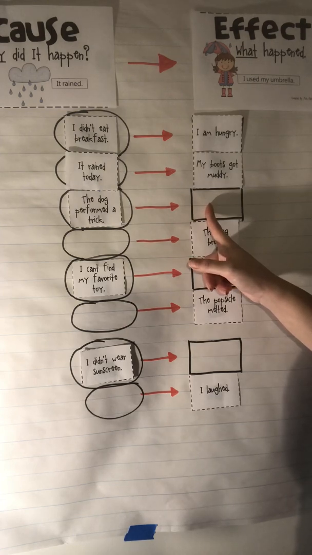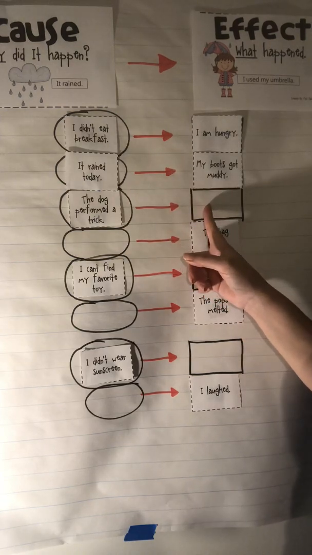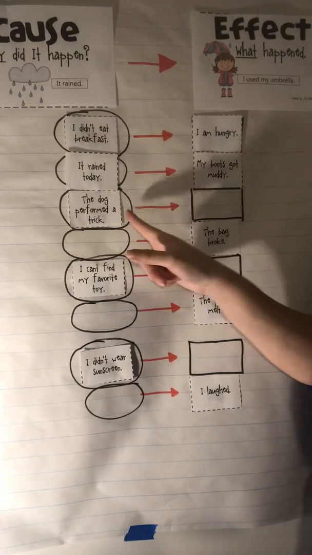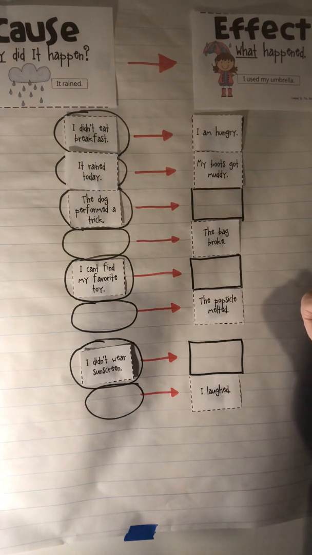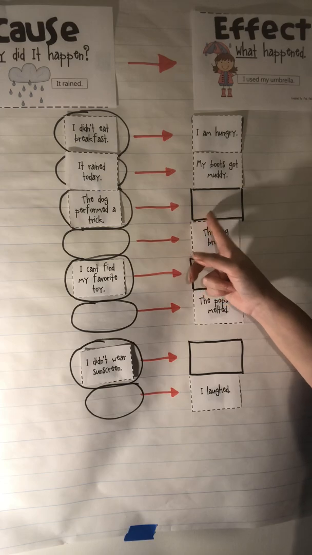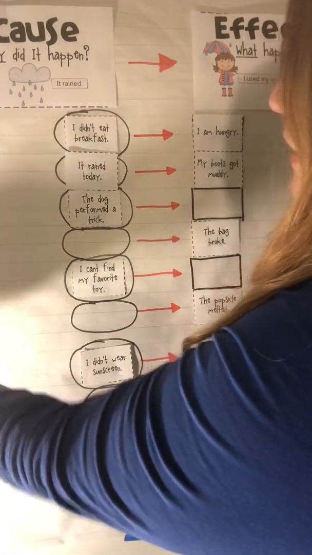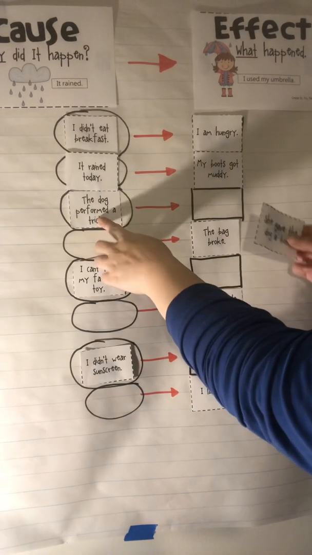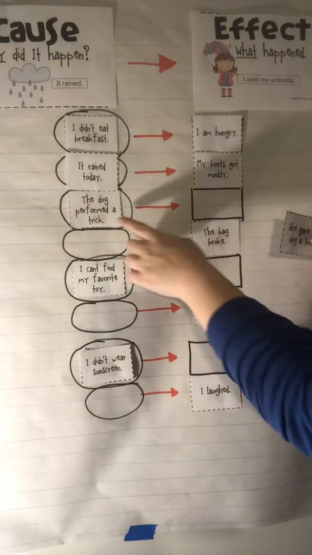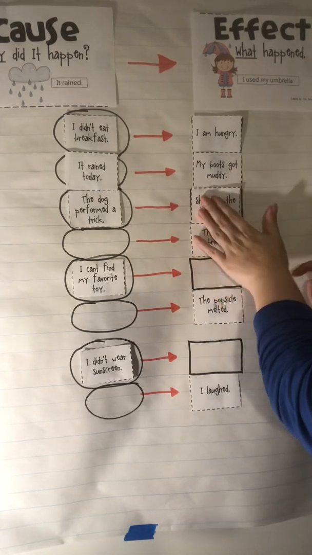No. Would you tell your dog a story? No. Would you give them a treat? Probably. So if the cause is that my dog performed a trick, the effect, what happened, is that I give my dog a bone.